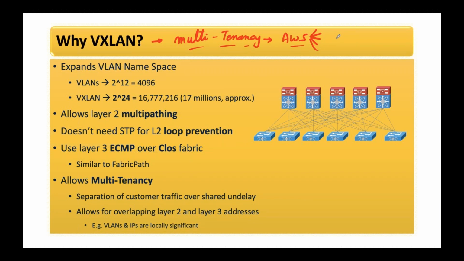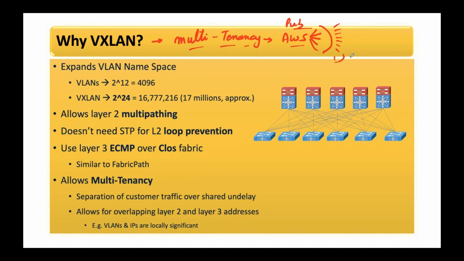AWS, Amazon Web Services, in its public cloud services does not provide ownership of the devices. But if you want to use certain hosting services, certain applications, then you need not bother about any leakage between the customers.